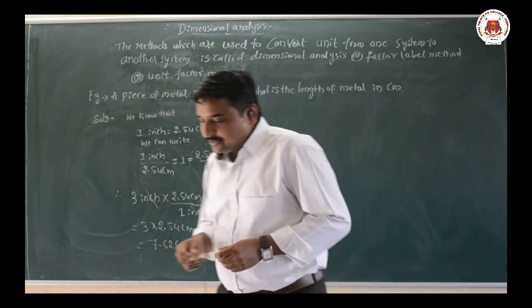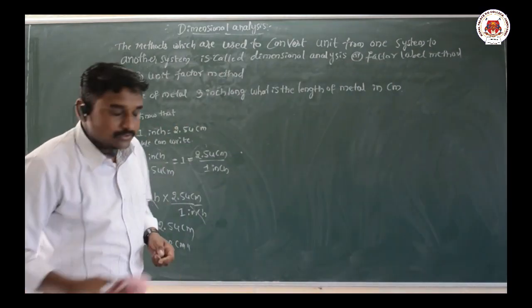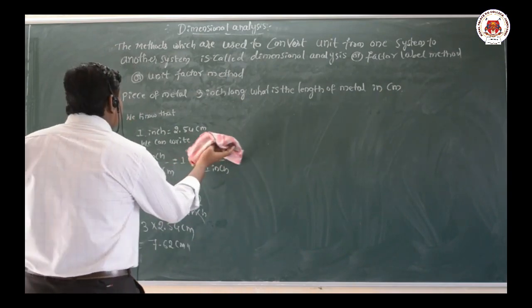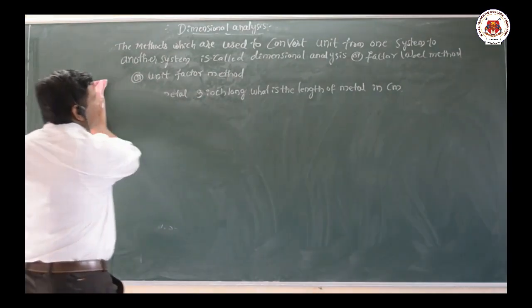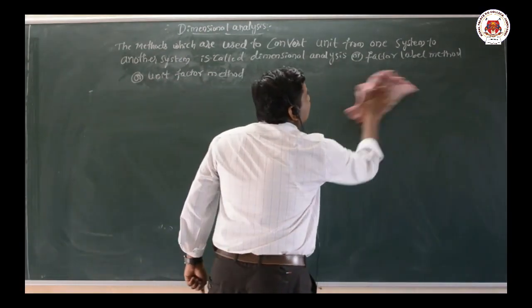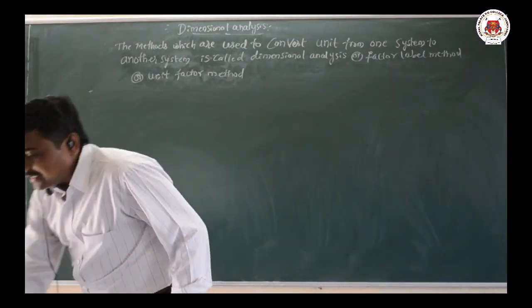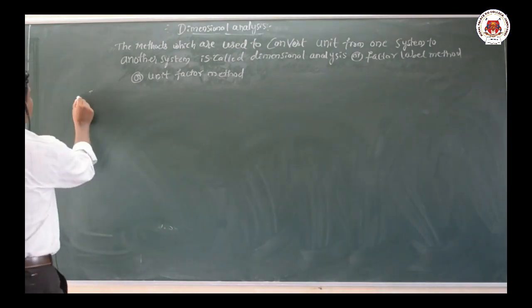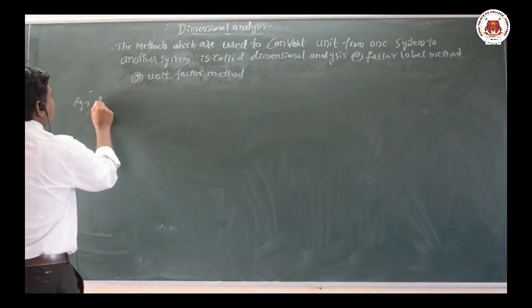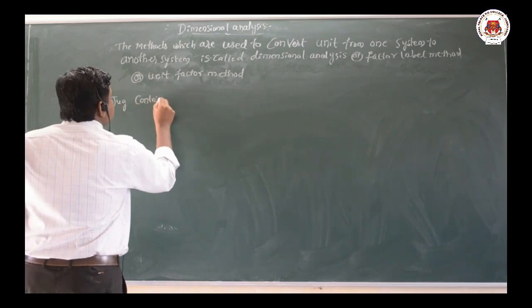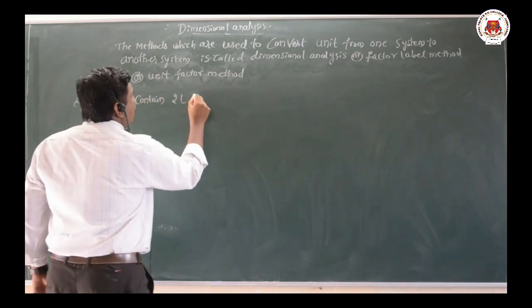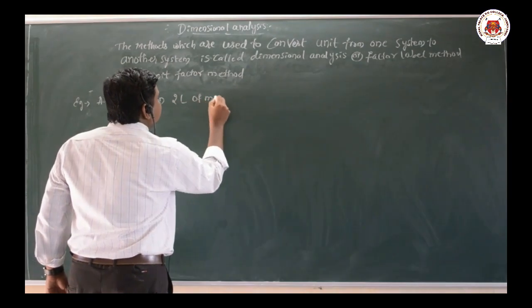Okay, so this is one of the examples. So now I will go for the second example. A jug contains 2 liter of milk.